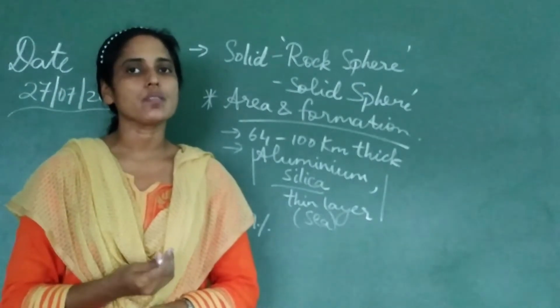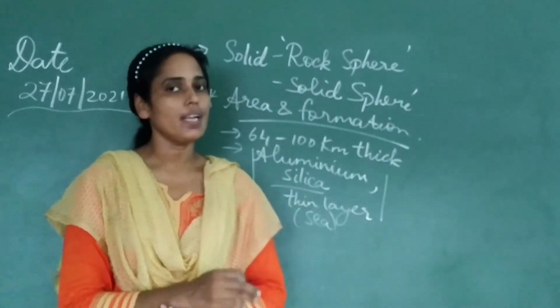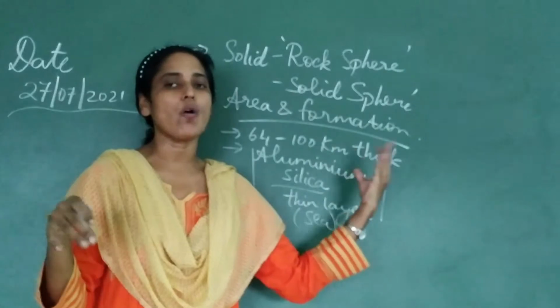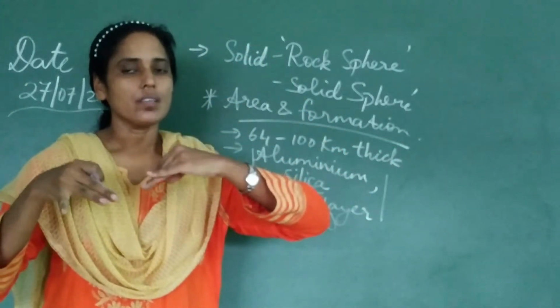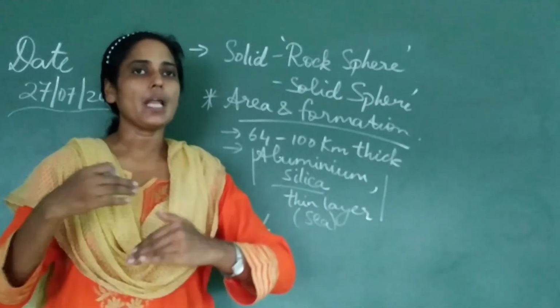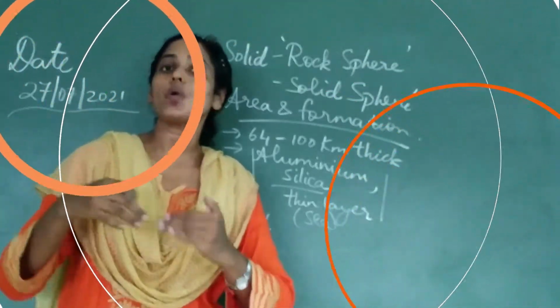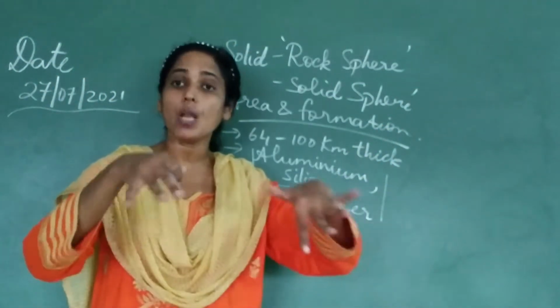Mountains, plateaus, plains, etc. All these things are seen on this part of land. So these are found on which sphere, students? Lithosphere. And when we go into the depth of the lithosphere, the temperature increases gradually. Why? Because we are going deep down into the earth.